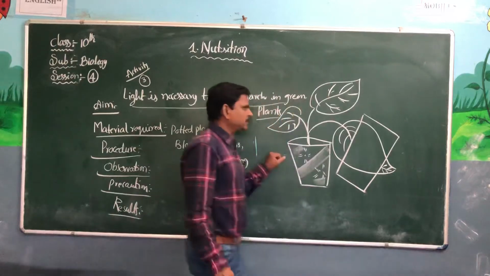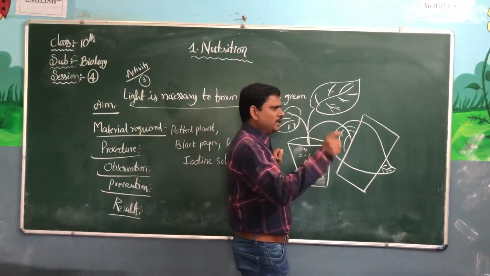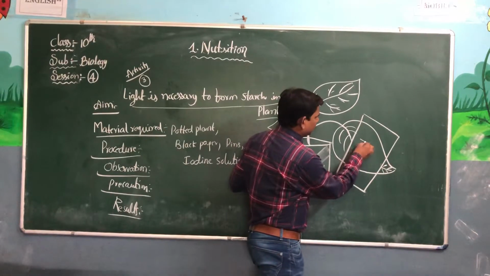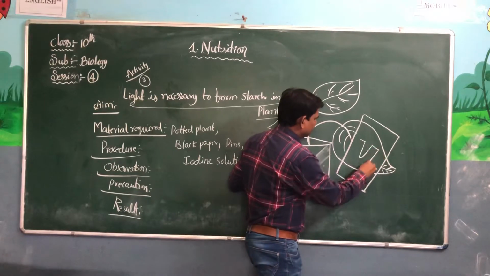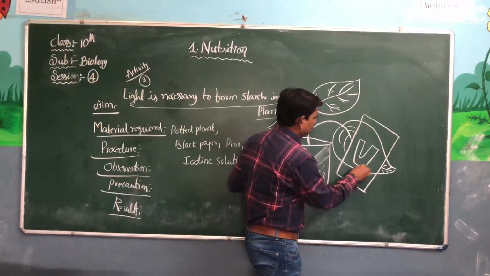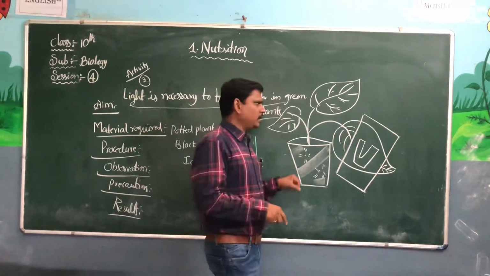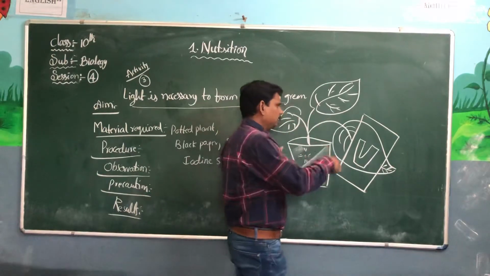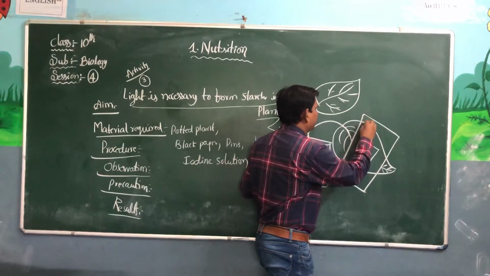Before covering the leaf with black paper, we should design any one letter on it. I am designing it like V. Cut the black paper in the design of V, and then cover the leaf with the help of the black paper.